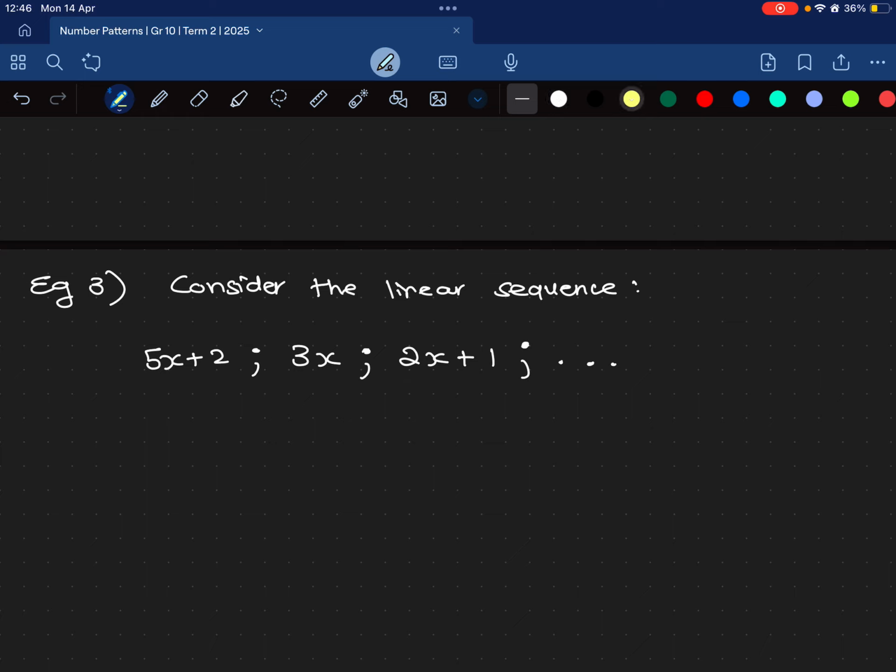Okay, so don't get overwhelmed. This is your first term, this is your second term, and this is your third term. The questions ask you to determine the value of x.